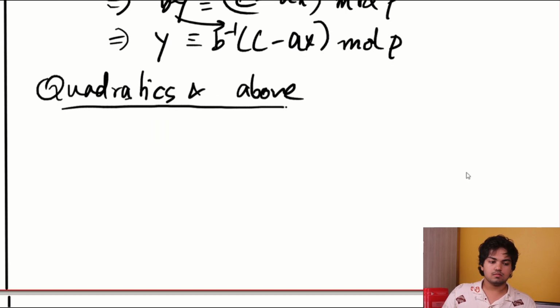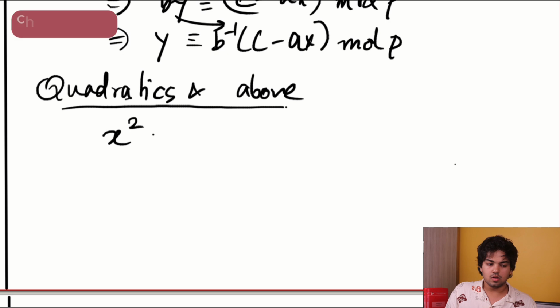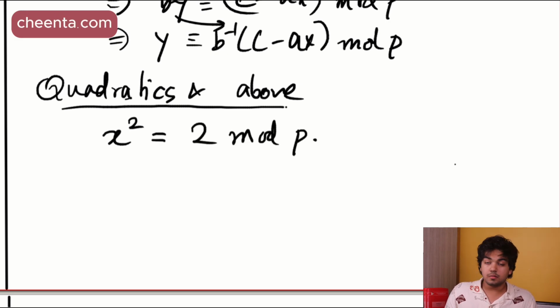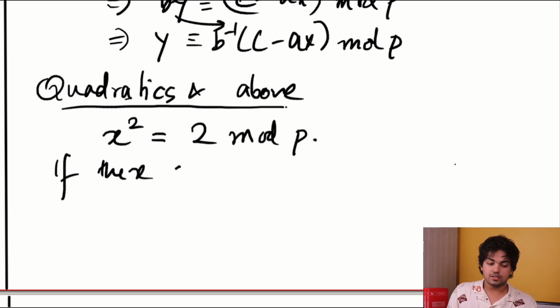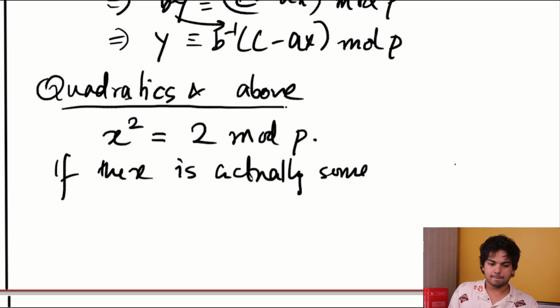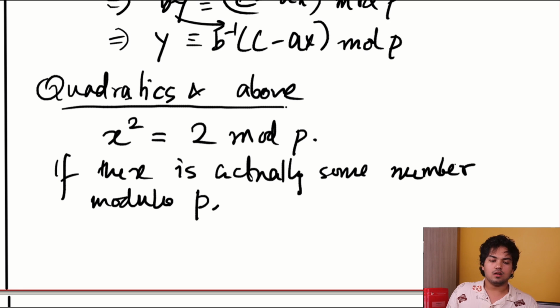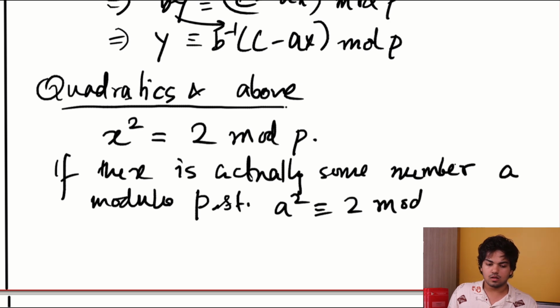You can ask the question, can I solve x squared is equal to 2 mod p? Turns out, sometimes you can and sometimes you can't. When you can, there is actually some number a modulo p such that a squared is congruent to 2 mod p, and that can happen.